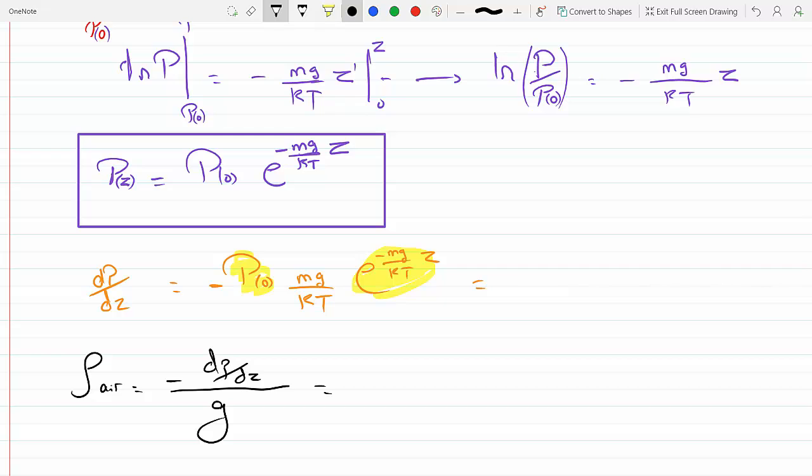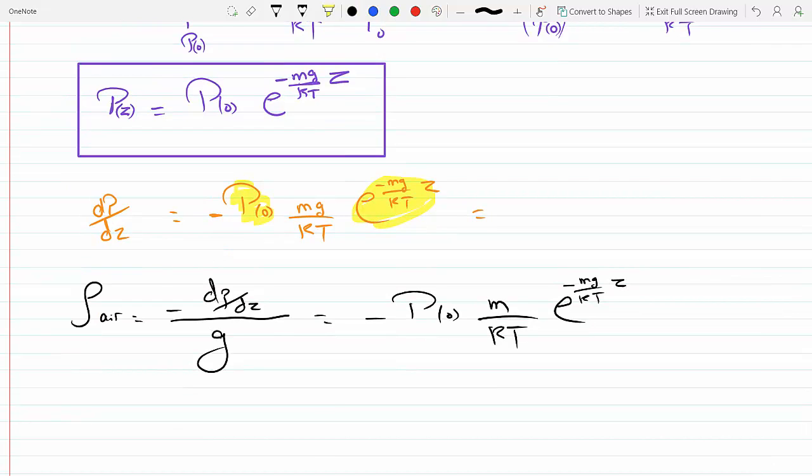So all I have to do is kill the g, and I would get minus p0 m over kT, e to the minus mg over kTz. So we can see that the density obeys a very similar equation, except you just drop out the gravity, but otherwise it's proportional to the exponential of a negative constant times the height.